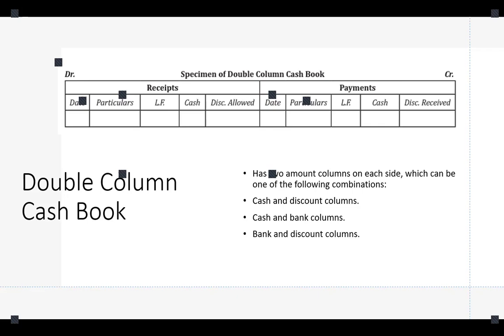Either they can go with the cash and discount column, so in the debit side you see discount allowed, in the credit side discount received, or cash and bank column, or the bank and discount column. So these are the things that we talk about in the double column cash book.